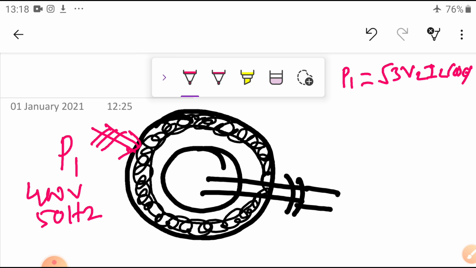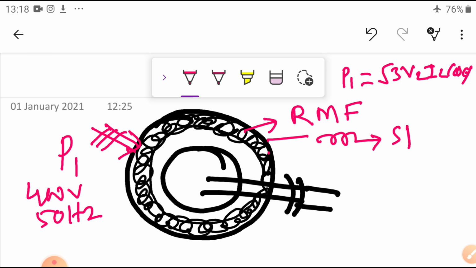Here this energy is utilized in the stator to produce the RMF, rotating magnetic field. During this process, some of the electrical energy is consumed. Because of the presence of winding, there is stator copper loss.